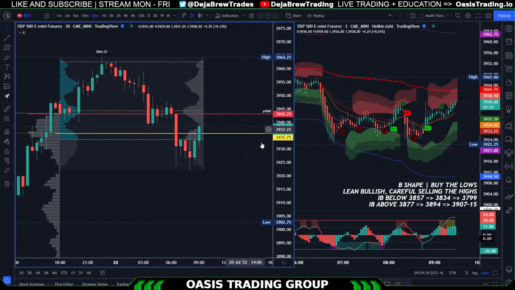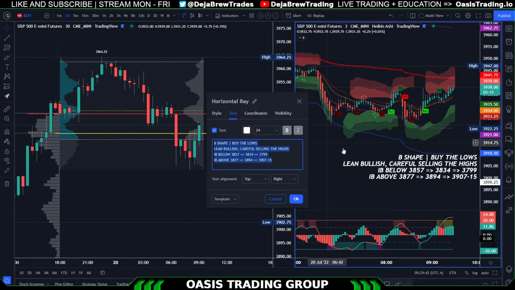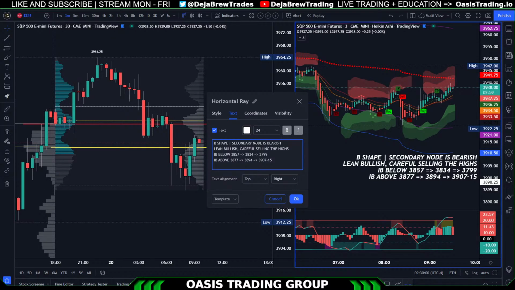Let's go ahead and make our trade plan for today. It would be a B shape again. This one's hard to say, but we're going to say the secondary node is bearish. So today you want to be leaning bearish.